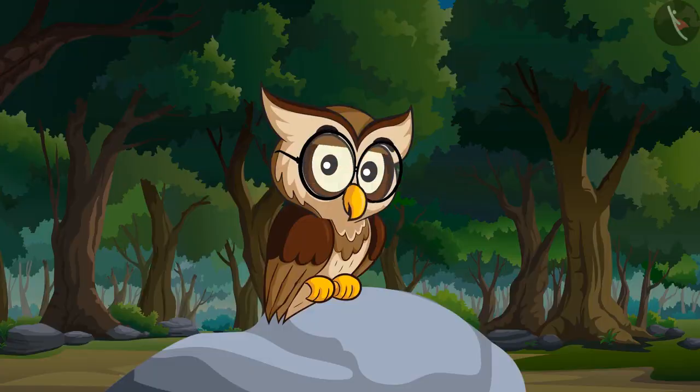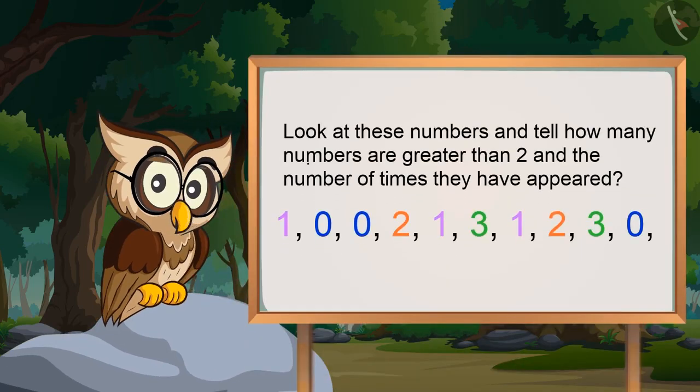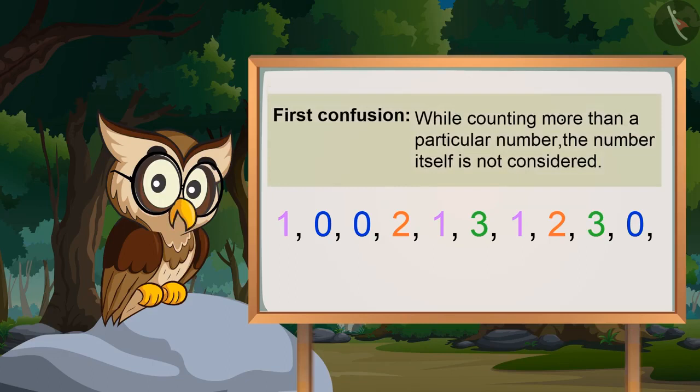We often make mistakes in the collection of data. For example, look at these numbers and tell how many numbers are greater than 2 and the number of times they have appeared. We usually get confused, should we count 2 or not?